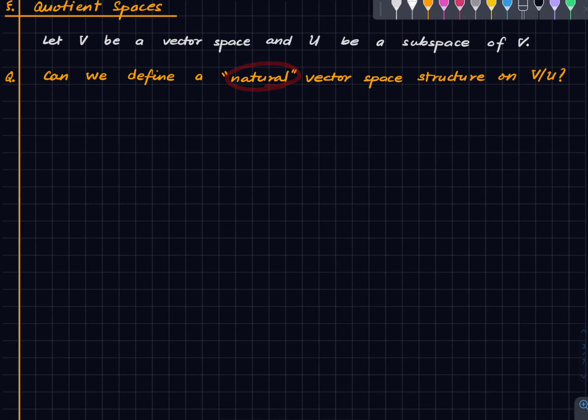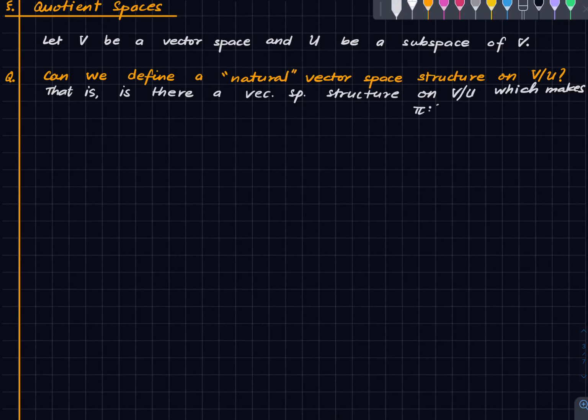By natural we mean, is there a vector space structure on V mod U which makes pi, the natural projection map, linear?